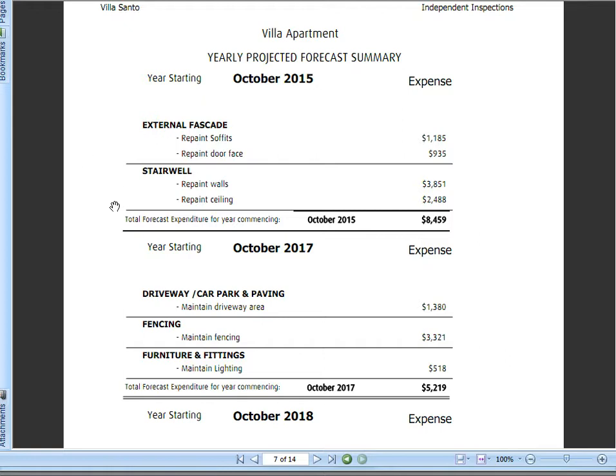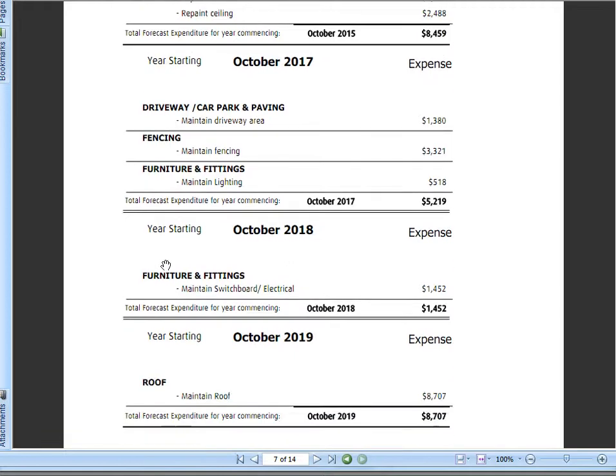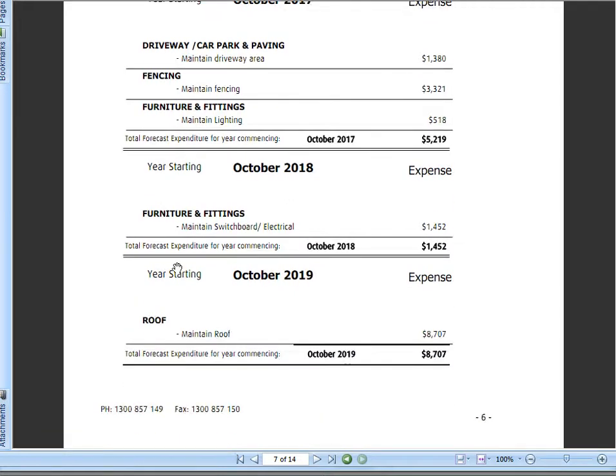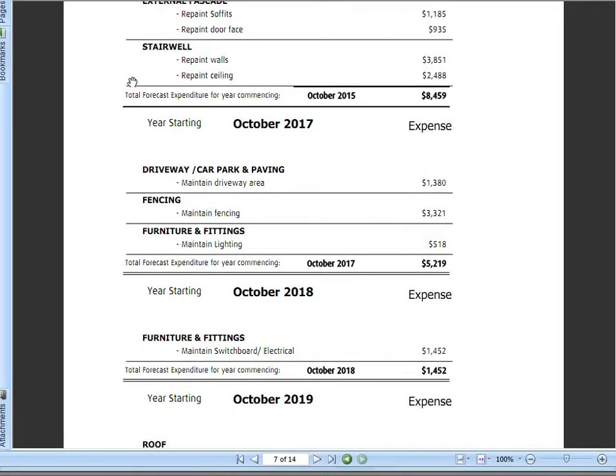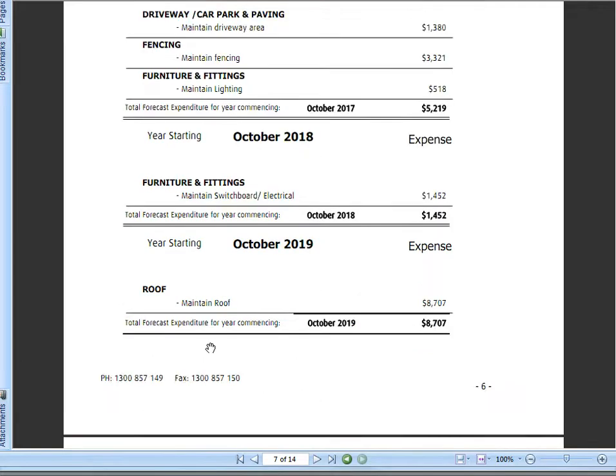So that's the main thing in 2015. Two years after that we've got 2017, where we're looking at the driveway, the fencing and the other items in there. So that gives you a good overview of those items that are coming up in that time, to make that a bit easier for you.